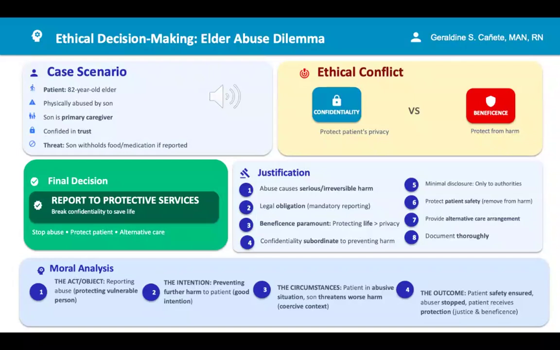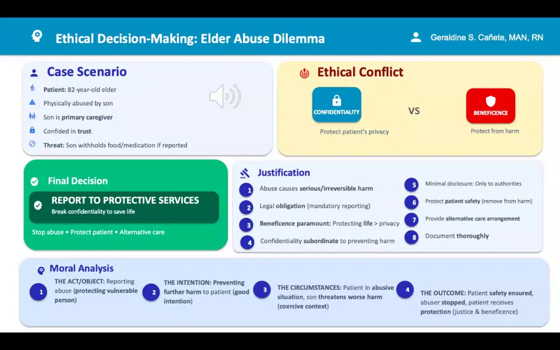In this case, beneficence is paramount. Protecting life outweighs privacy. The duty to protect the patient from harm outweighs the duty to protect their privacy. Confidentiality is subordinate to preventing harm.